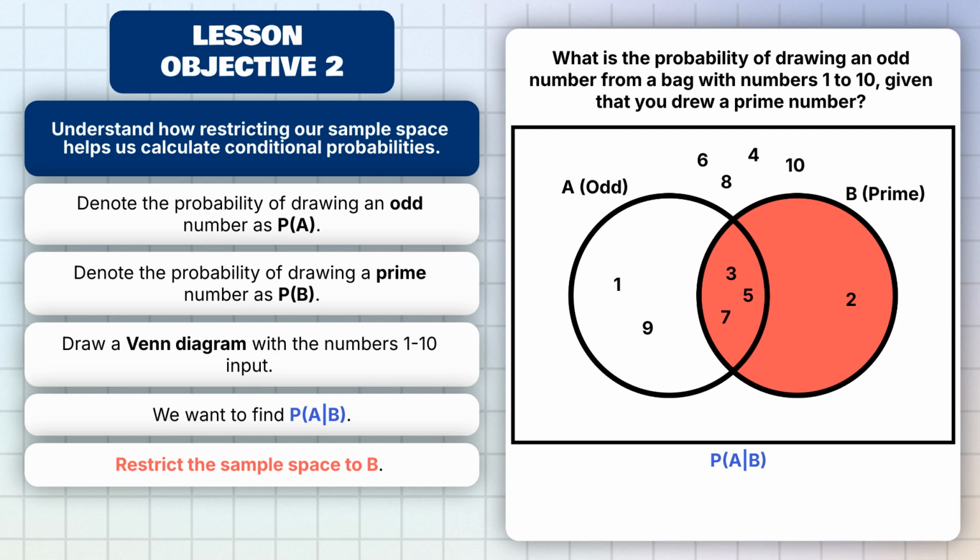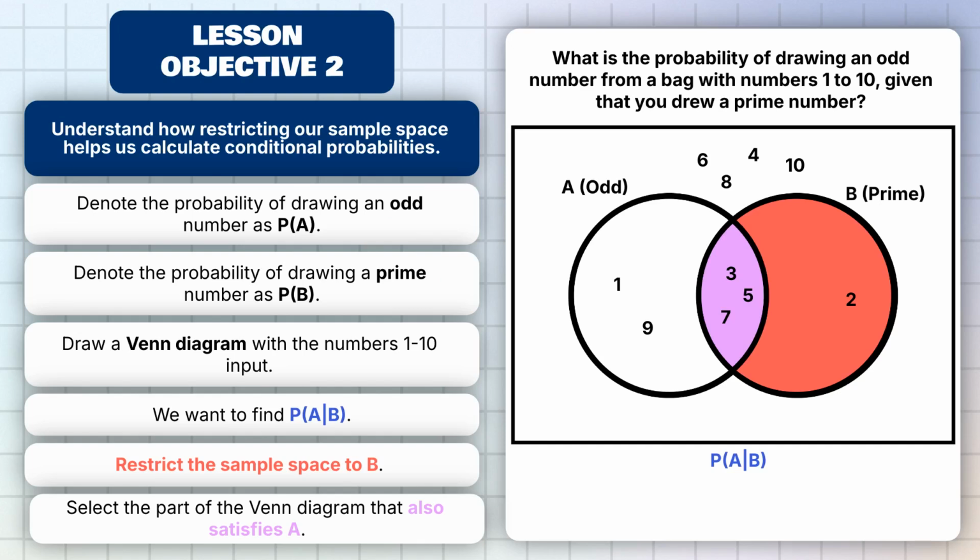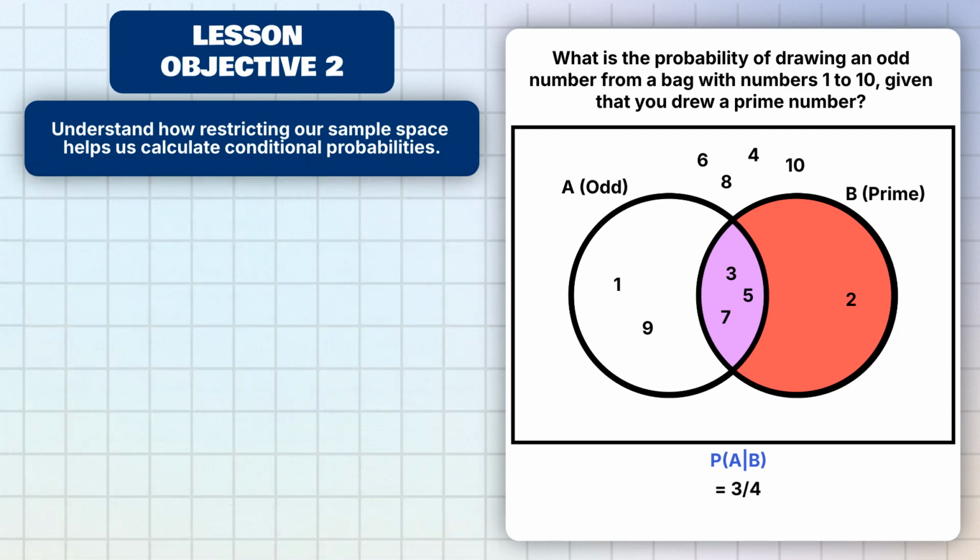We can see that there are 4 numbers in B in total, so this is our restricted sample space. Then select the part of the Venn diagram which also satisfies A. We can see that there are 3 numbers in this purple section which satisfy both A and B. Therefore, the probability of A given B is 3/4.